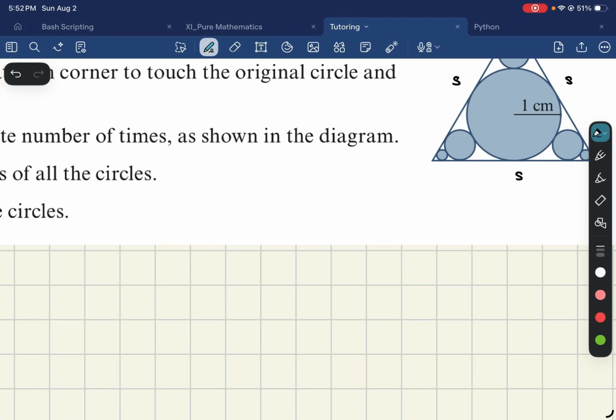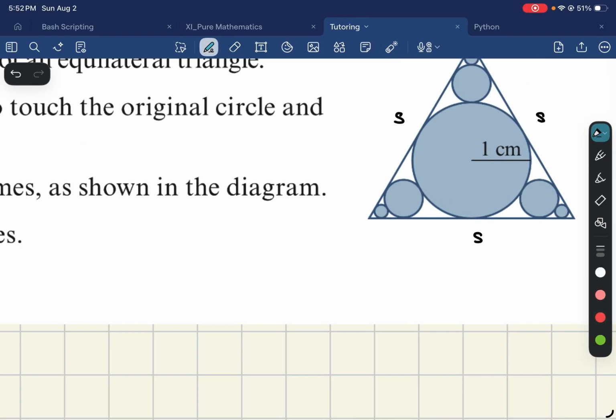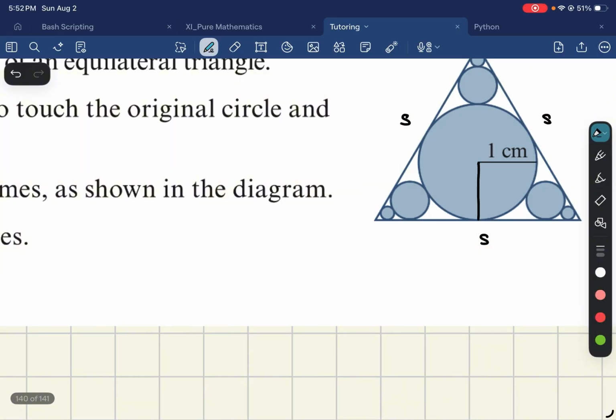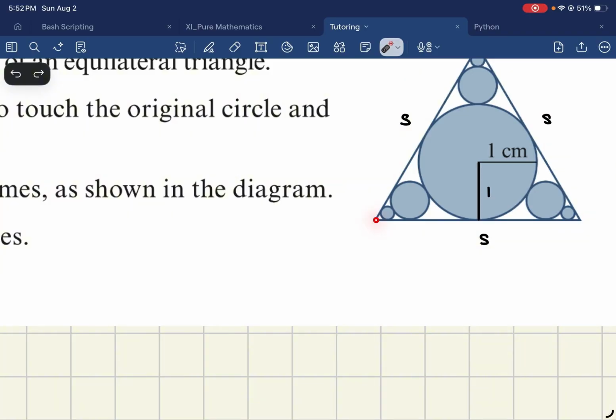So we're going to do something here. What we are going to do is drop a perpendicular. And this is going to be 1 centimeter. And I am going to draw this edge temporarily for now. So one fact about this circle is that if I draw a line from a vertex passing through the center of my main circle to the midpoint of the other side, then this line is where all the radii are going to lie, right?